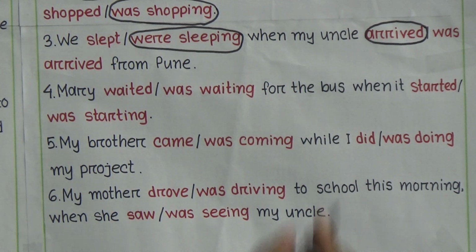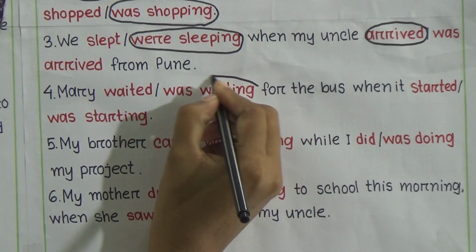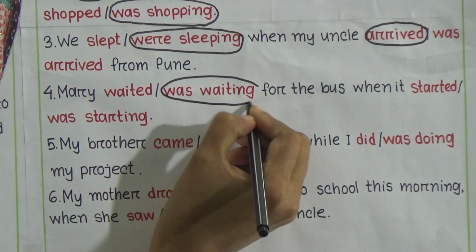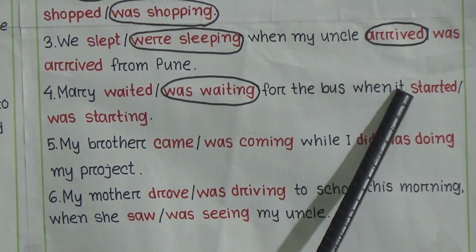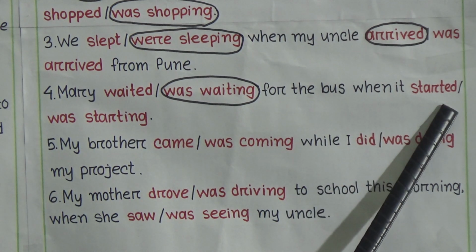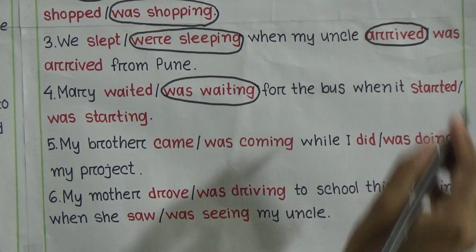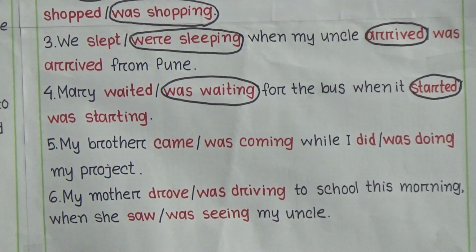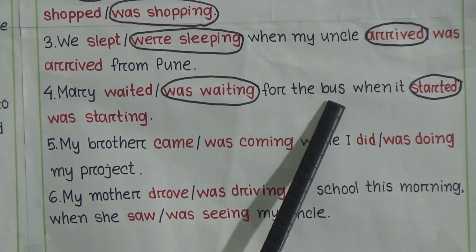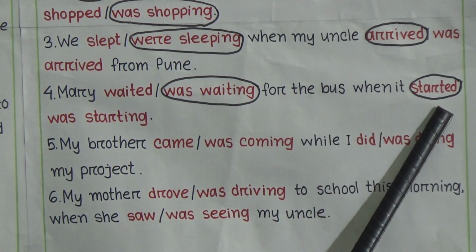So it will be Mary was waiting. We have to make a circle here. So Mary was waiting for the bus when it started. Okay, we have to make a circle here.